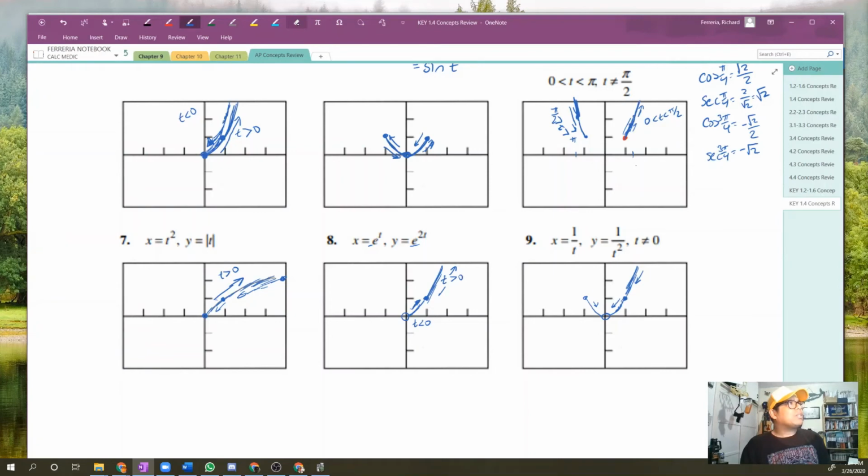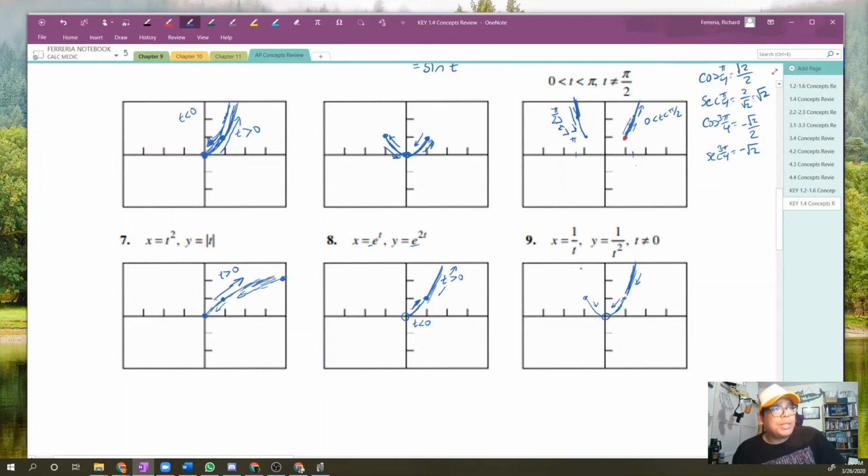And do we get this top half of it? I'm not quite sure that we do anymore. If t gets close to 0, looking at values of t that are approaching 0 from the right side, from the positive side, the x-coordinate approaches positive infinity, and the y-coordinate approaches infinity, and it's a square of the x-coordinate.